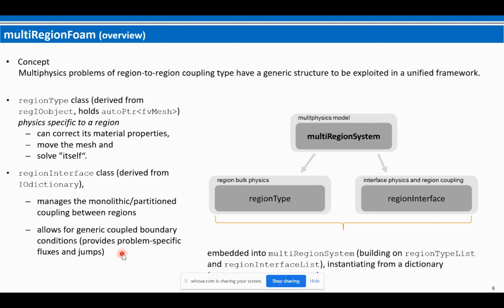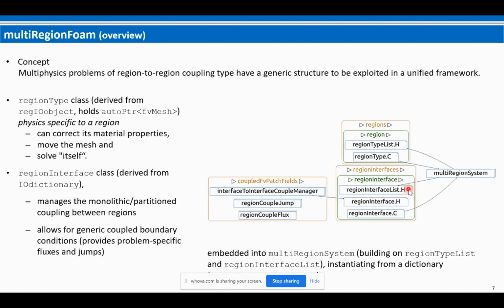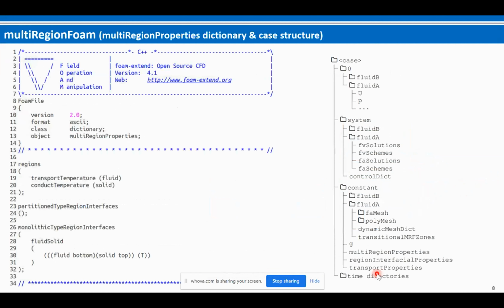That's really to be defined in a specific type class derived from region interface. These are the two main classes which are embedded into a multi-region system. That multi-region system builds on a region type list and a region interface list, and these are instantiated from a dictionary, multi-region properties, that I show in the next slide.